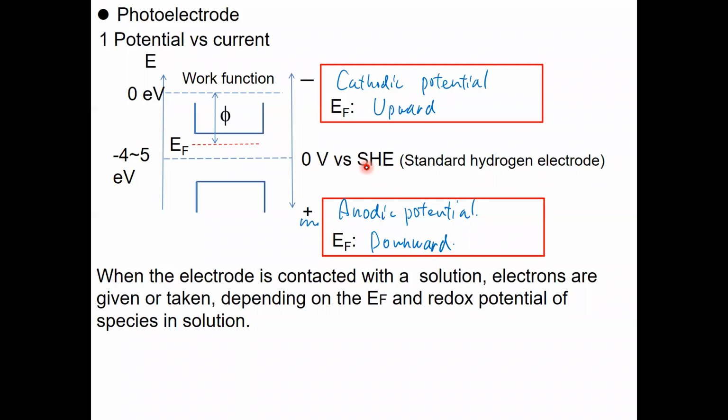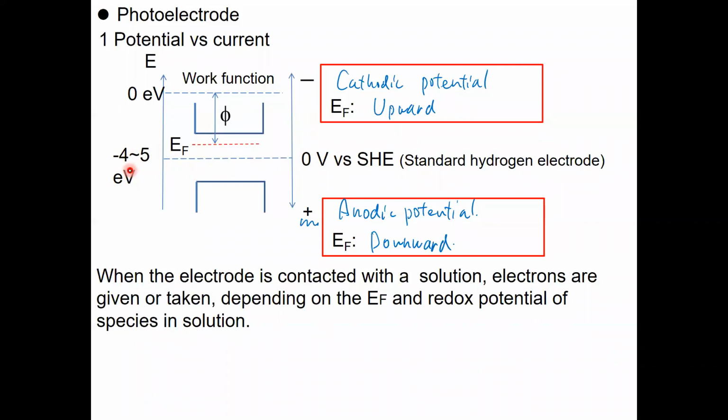The redox potential is defined as zero, which is the SHE. And this SHE corresponds to the 4 or 5 electron volt.